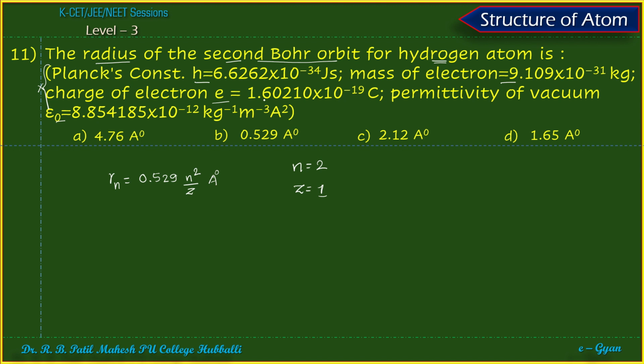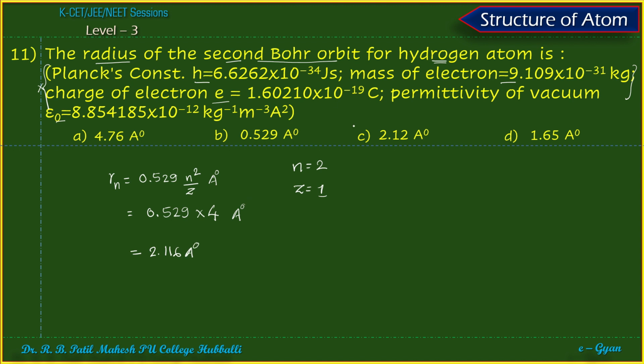So why are all these quantities given? Just to confuse you. So what is to be substituted? 0.529 as it is, into n square, which is 2 square, equal to 4, divided by 1, in Angstrom units. 0.529 into 4 is 2.116 Angstrom unit.